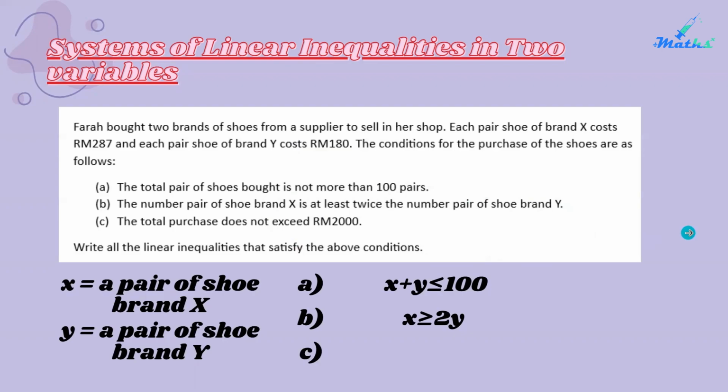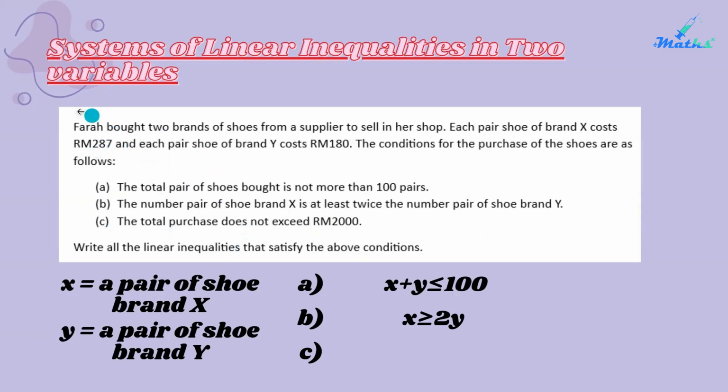So next, we'll go to C. The total purchase does not exceed 2,000. So does not exceed, it should be less than or equal to 2,000 ringgit. And the total purchase should use the price times the x and y.